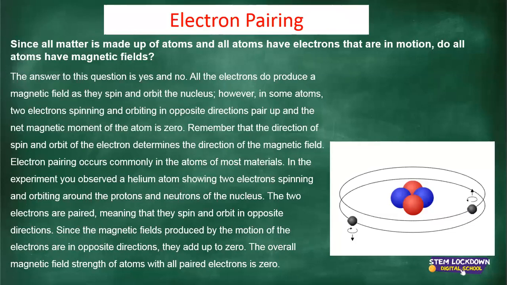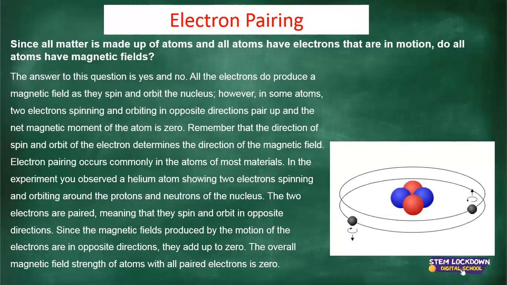Because they're spinning in opposite directions, they cancel the magnetic charges around them. The opposite direction effect cancels the magnetic charges, so the net magnetic moment of the atom is 0. That means this atom doesn't have a magnetic charge.